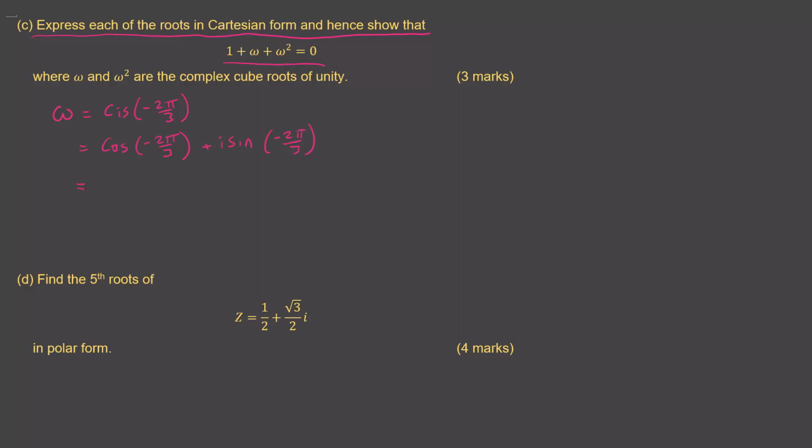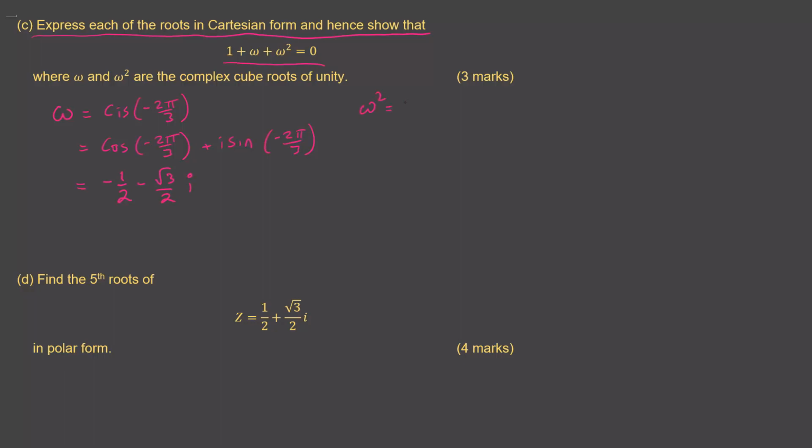Now that's in the third quadrant, and therefore cosine and sine are both negative. The cosine of negative 2 pi by 3 is negative a half, and the sine of negative 2 pi by 3 will be negative root 3 on 2. So we've got negative root 3 on 2 i.